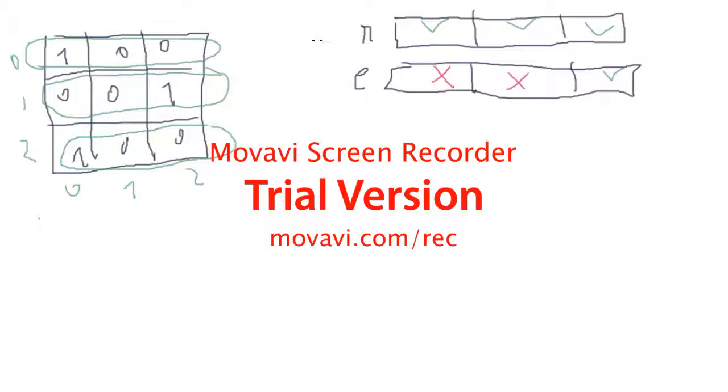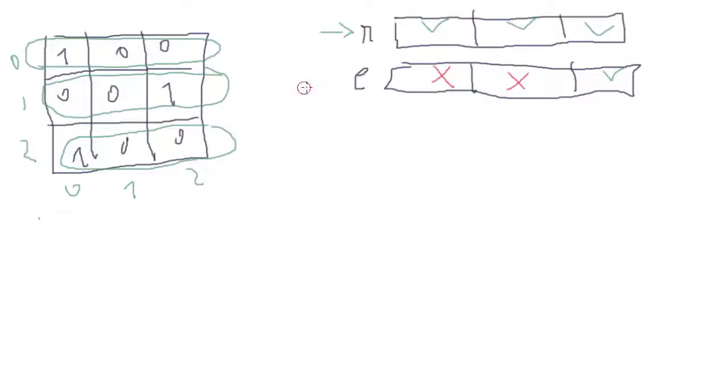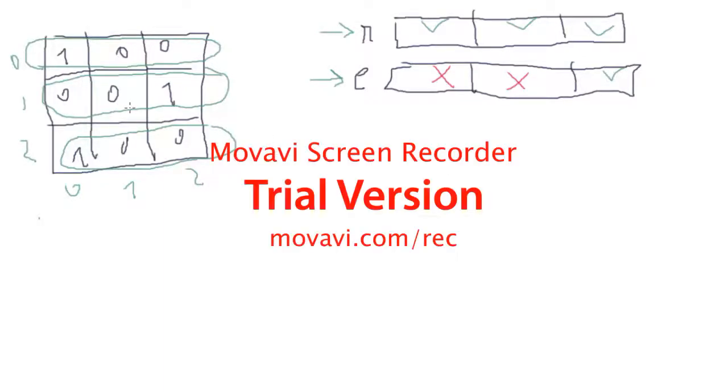Now what we will do: firstly, in the first iteration we fill this array. In the second iteration we fill this array, and in the third iteration we will use these two arrays and the value of each cell to determine whether or not that cell is special.